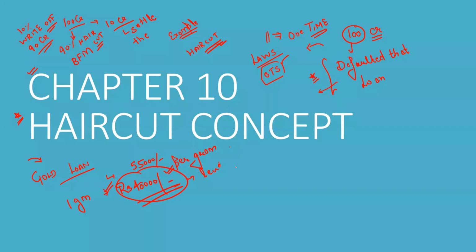Clear? Here the remaining 15,000 the bank takes as a risky portion.